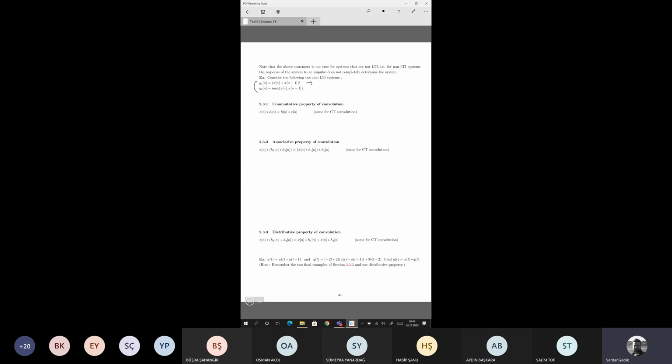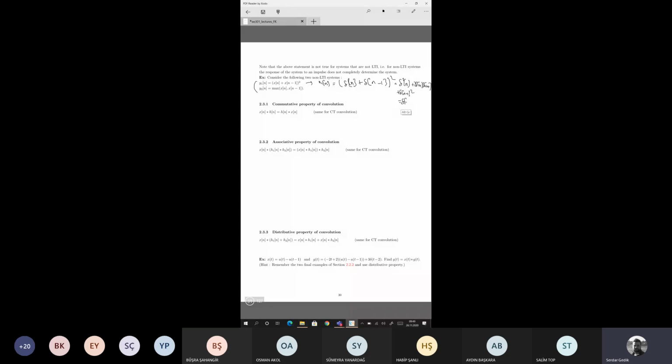So let's find the impulse response. For h1[n], if impulse[n] is the input, then h1[n] is the output, which is the sum of the current term and the previous term, squared: (impulse[n] + impulse[n-1]) squared. If I evaluate this, it is impulse squared[n] plus 2 impulse[n] impulse[n-1] plus impulse squared[n-1].